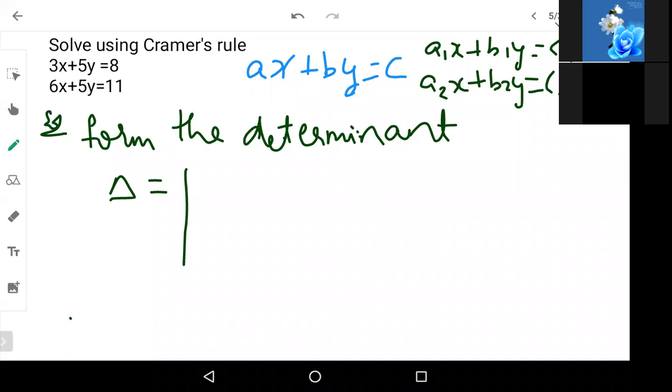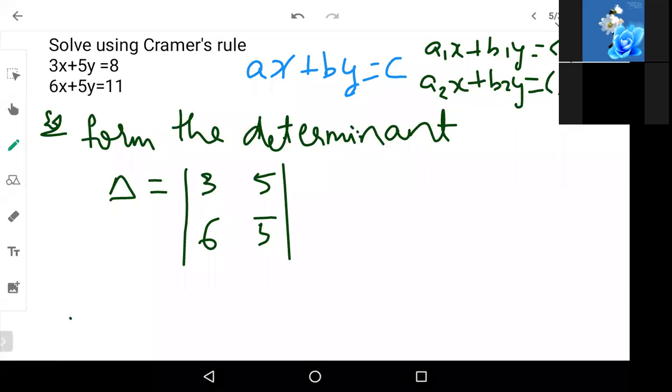And what is the value of b1? 5. a2 is 6 and b2 is 5 again. Okay, c1 and c2 we will not consider as of now. What is important for us is a1, a2, b1, b2. So we have got the delta.